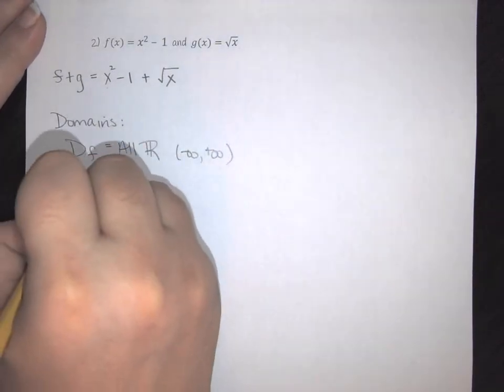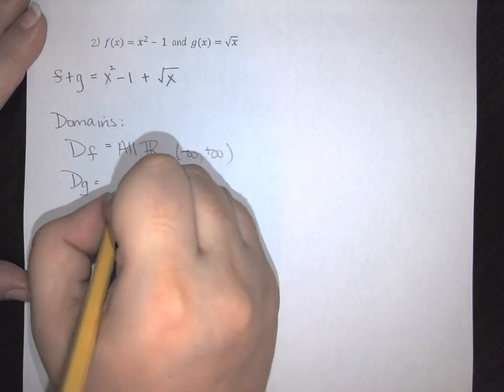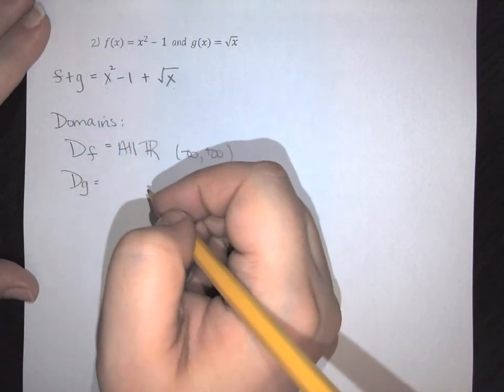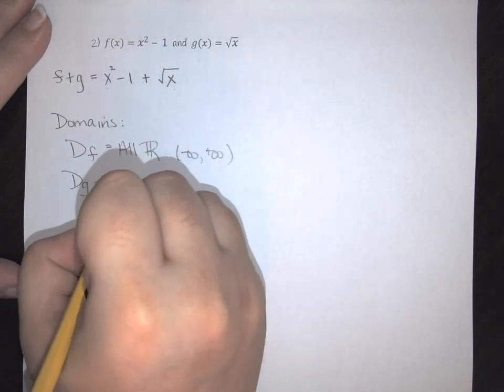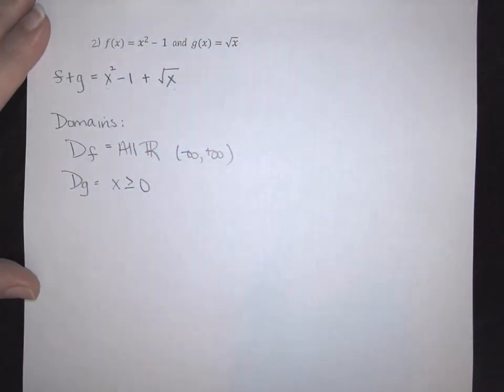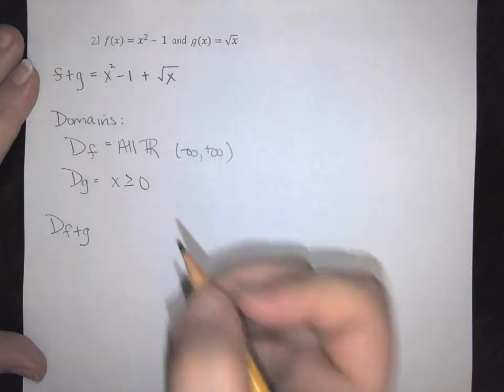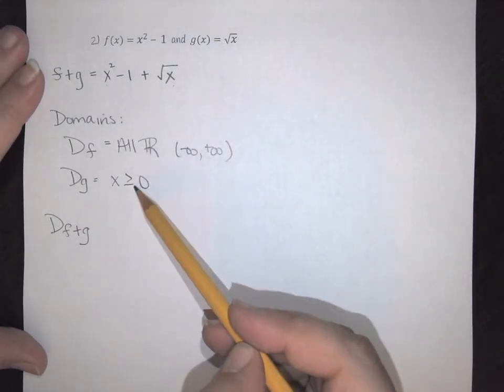My domain of g is going to be slightly different, and in this case, the rule of radicals is that you cannot have a negative under the radical. So here this is going to be x is greater than or equal to 0. So when we look for f plus g, again we're still talking about the overlap between f and g.